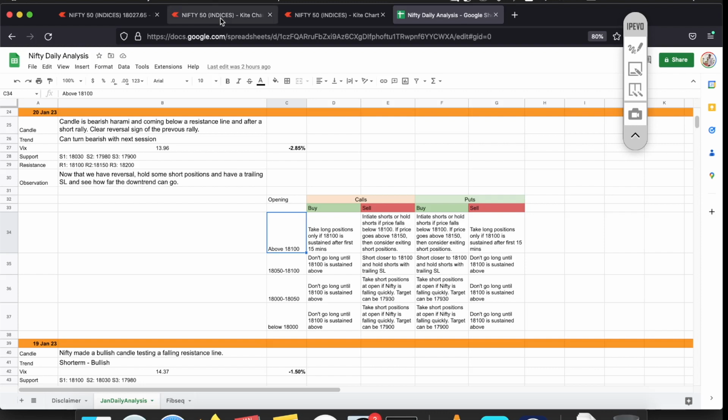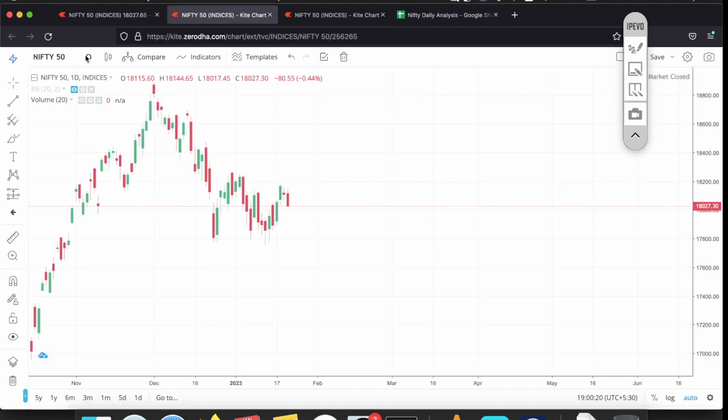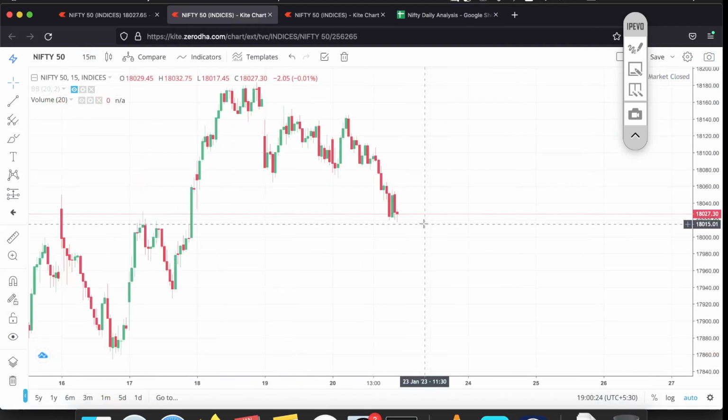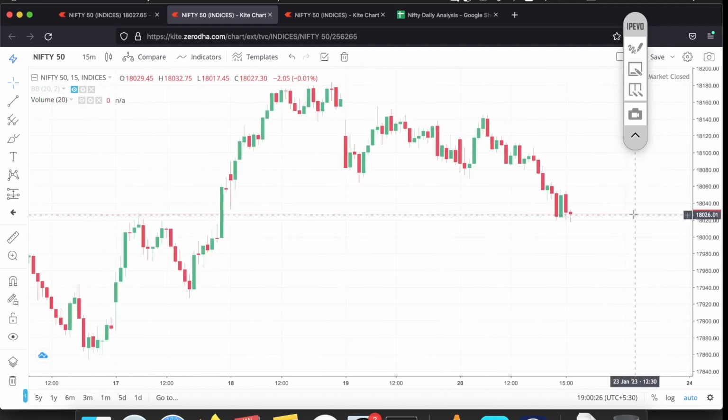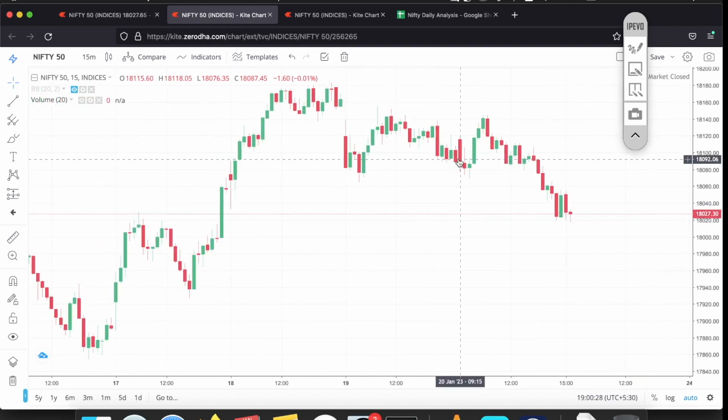Let us see how the intraday price action is. This is the first candle at 9:50. Within the first 15 minutes, the price got slightly sold off.